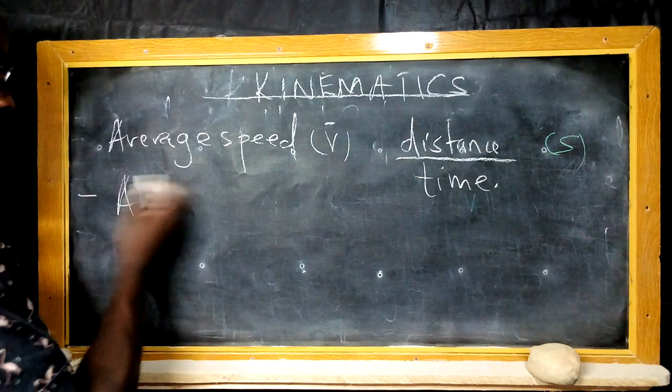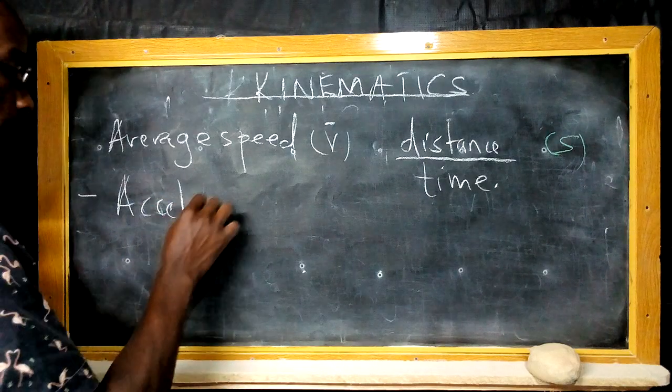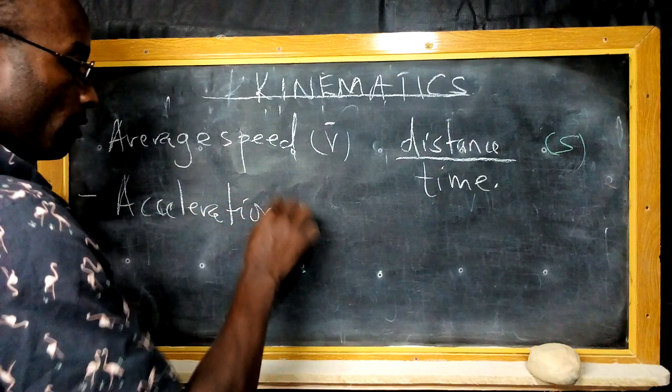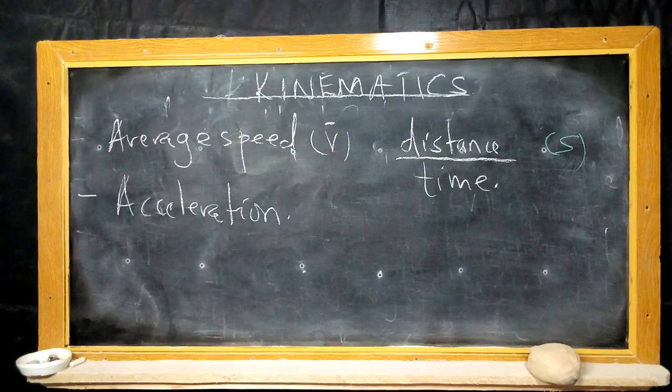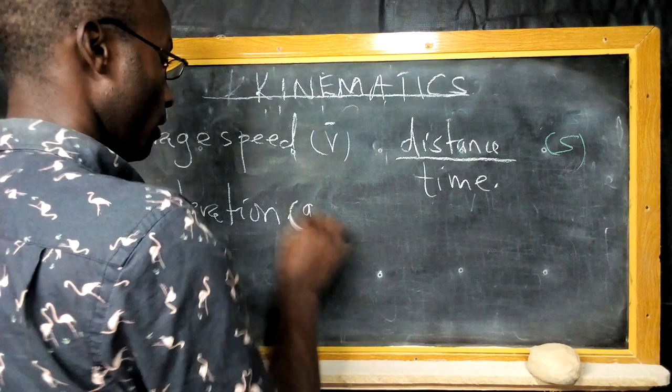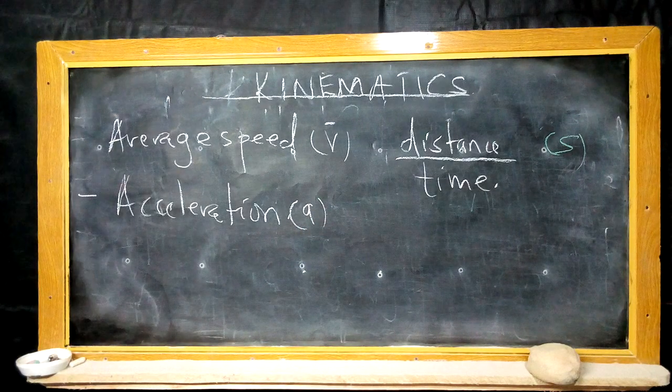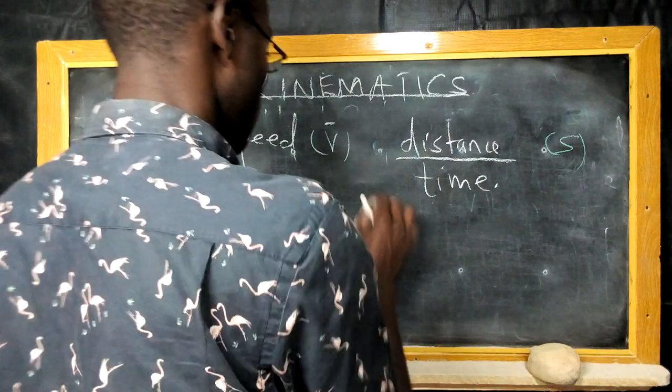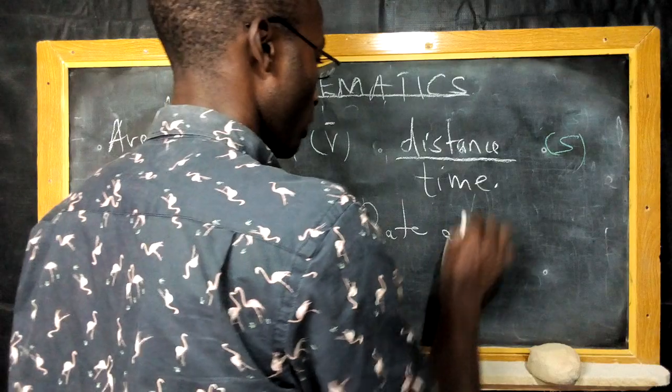Then we shall look at the last term, which is acceleration, which we're going to denote by the lowercase letter a. This refers to how fast you speed up, slow down, or change direction. Generally, it refers to the rate at which velocity changes.